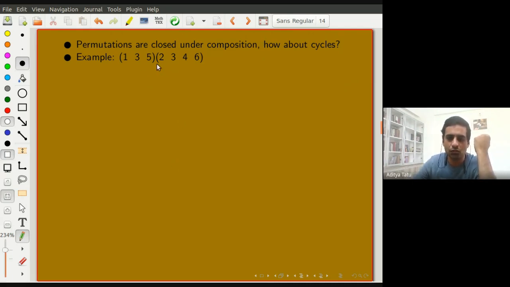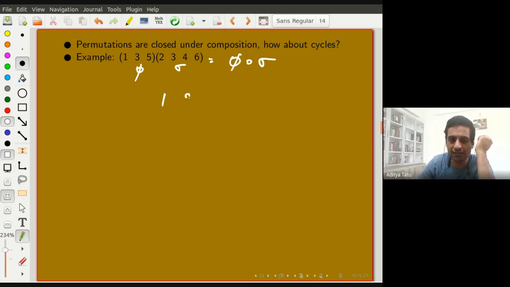Remember, this notation is basically saying that this cycle denotes a permutation sigma, and this cycle denotes a permutation phi. This is basically phi composed with sigma. So what would be the resultant permutation? Will it also be a cycle? Can we find that out?